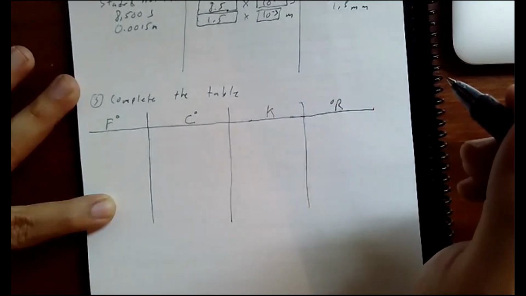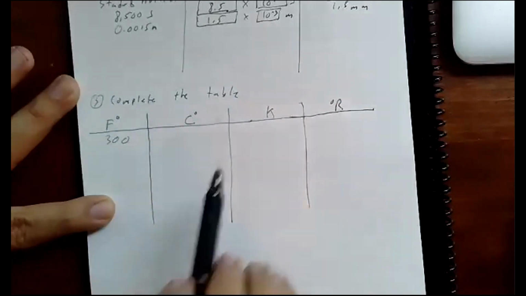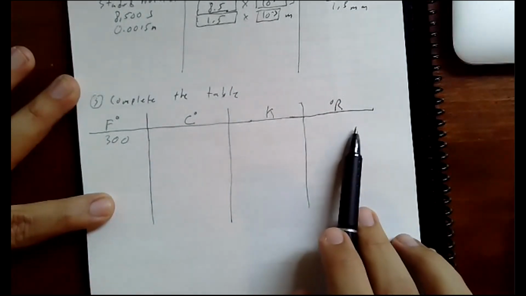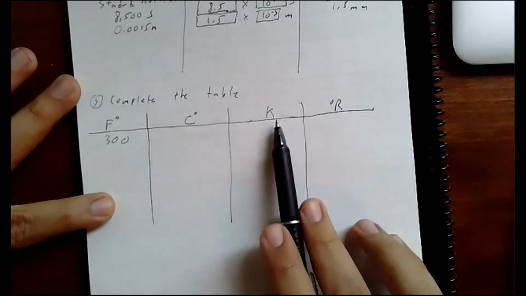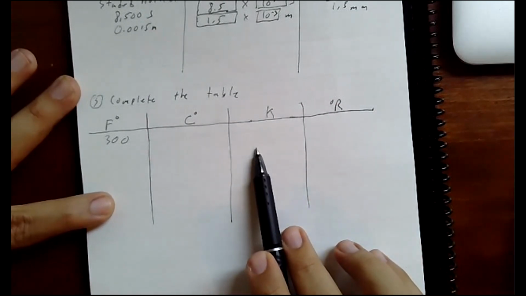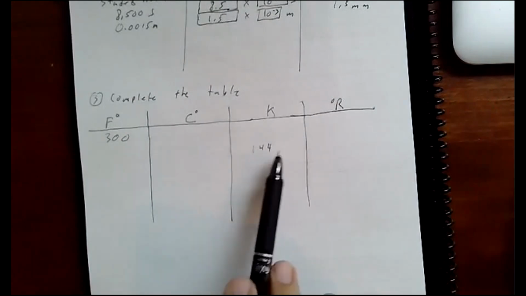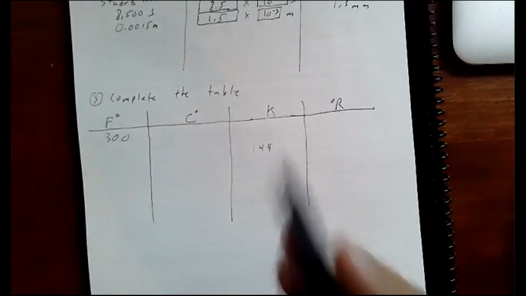Okay. So we give you the Fahrenheit for this guy, and you have to convert it to each of these. Okay. And then the next one, let's say they give you a Kelvin one. So you have to convert this guy to these 3, and then this Kelvin to these other 2.